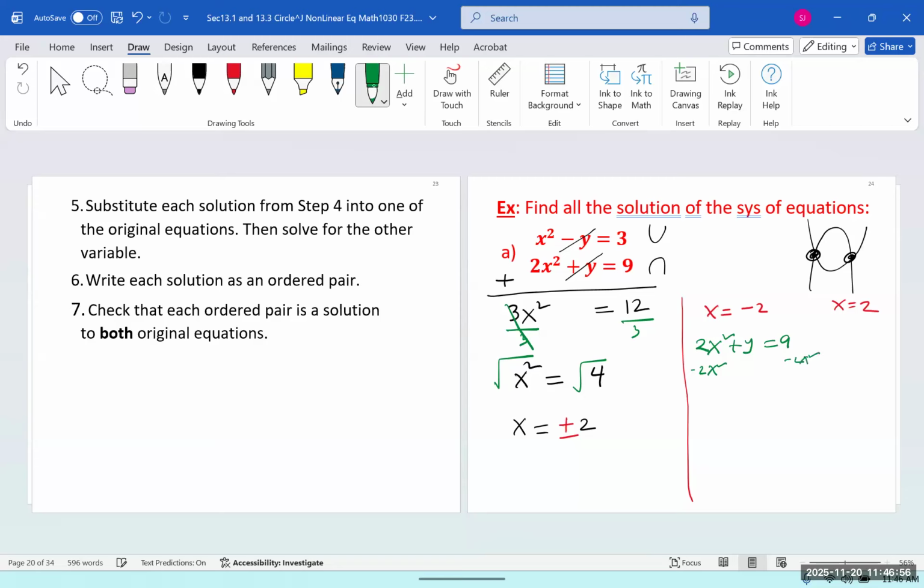Subtract, so y equals 9 minus 2x squared. So 9 minus 2 times -2 squared, which is 9 minus 2 times 2. So 9 minus 16.